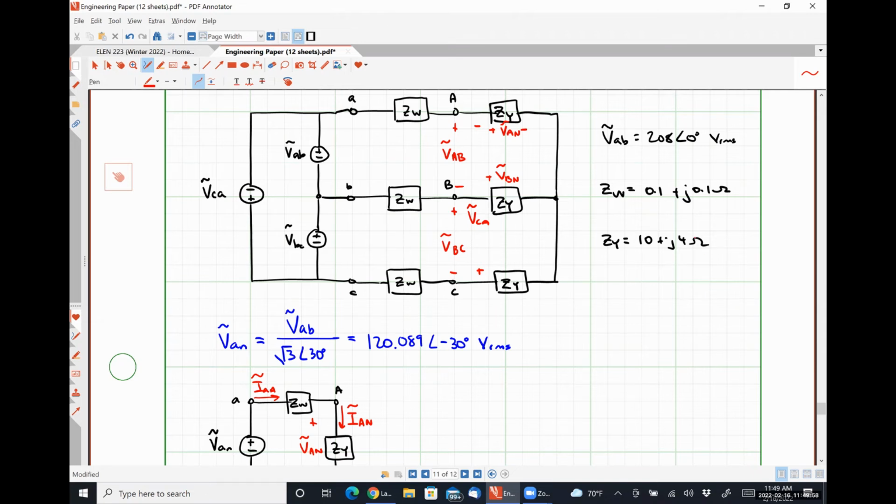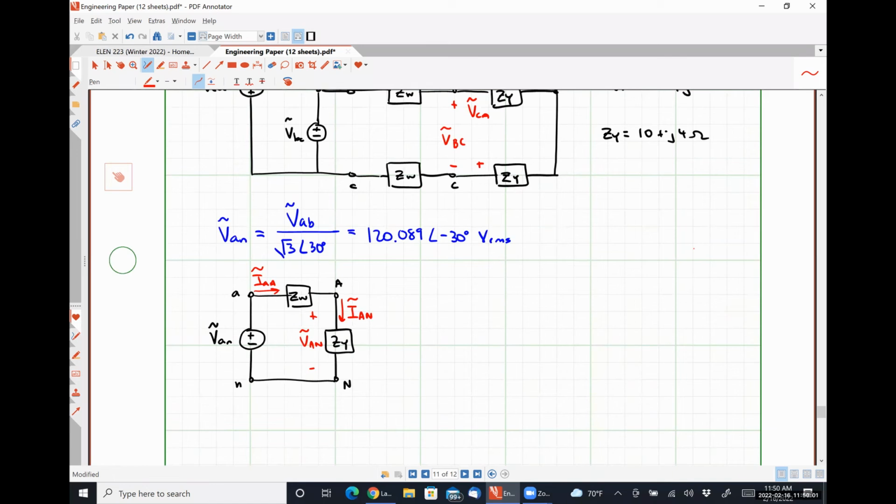So with that in mind, how do we determine VAN? Coy, you have any thoughts? There is absolutely nothing wrong with that.